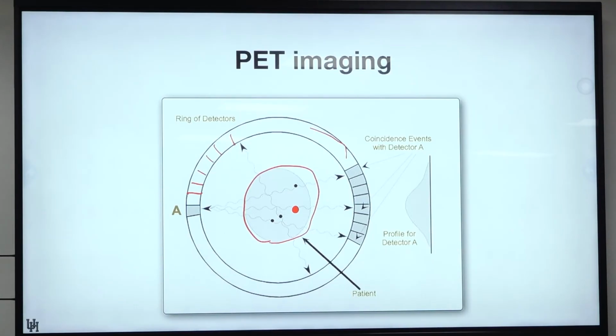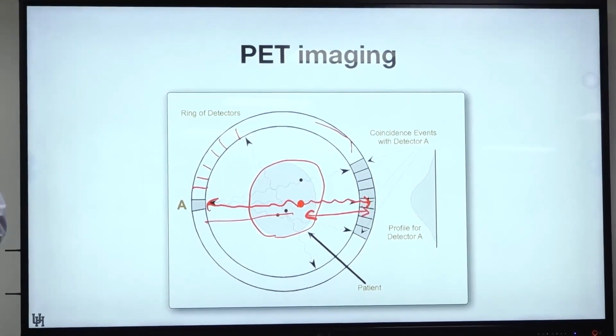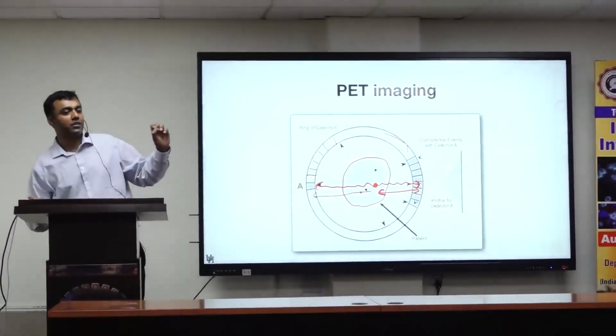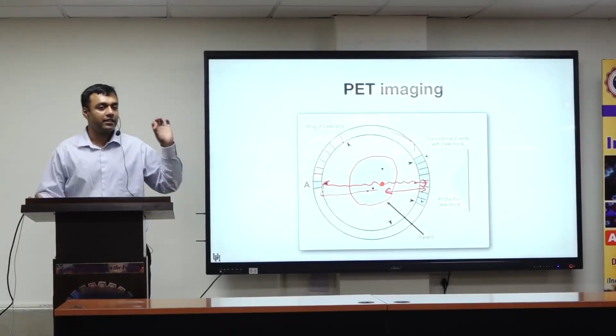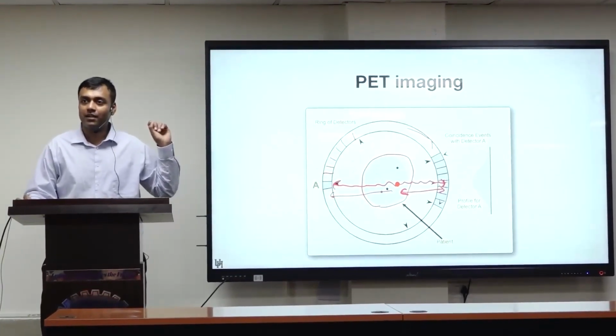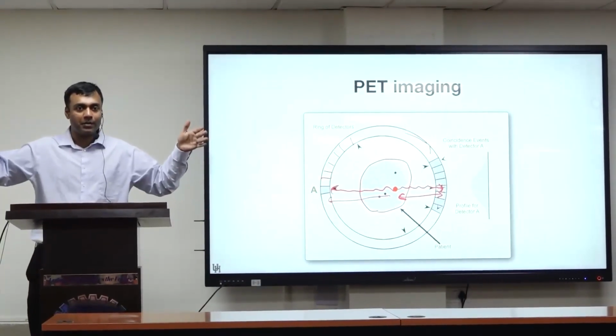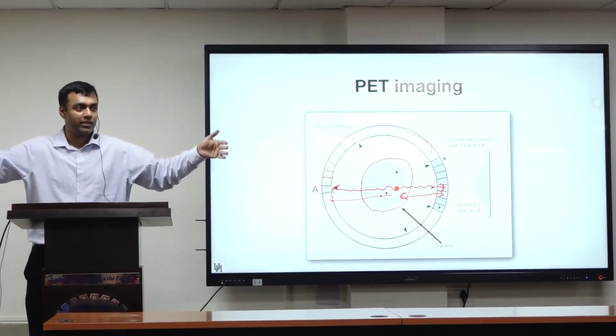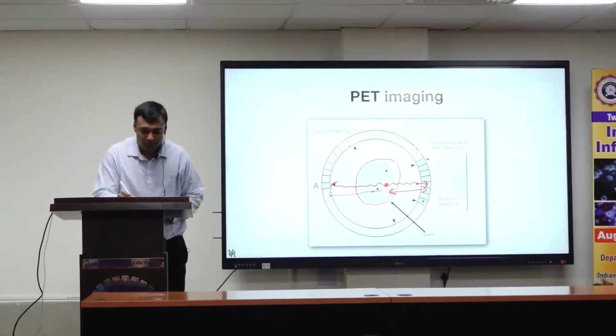Let's say there is a dot here, it emits radiation, it hits one detector, and it hits another detector. They are exactly 180 degrees apart, and it takes some amount of time to reach this detector and a little bit longer to reach that detector. So there is a click at one point, and a few nanoseconds later there is another click 180 degrees apart. By knowing what time this one came and what time the next one came, you can figure out what this position is.